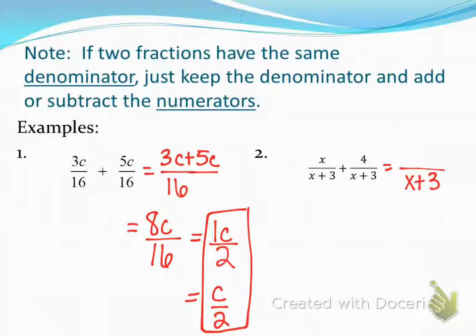X plus 4. Now this is one where I would recommend just writing that out. Is there anything for me to combine? Is there anything for me to reduce? No. Why can I not reduce those x's?